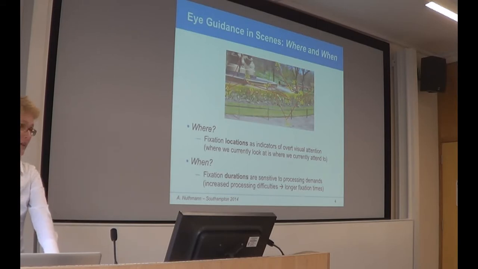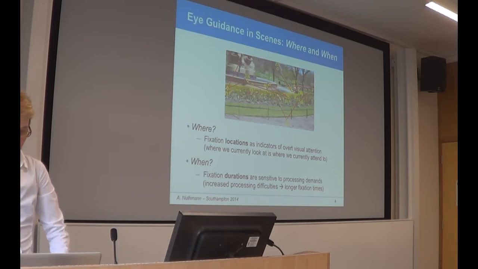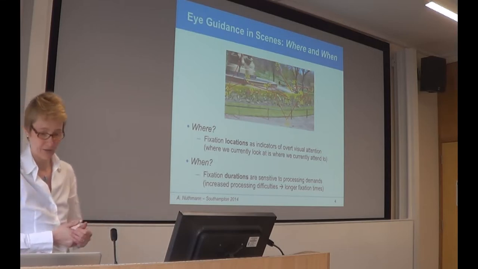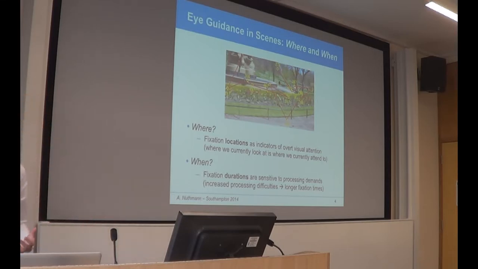So we typically explore a scene through eye movements, and eye guidance in scenes has a spatial aspect described by the positions of fixations and a temporal aspect described by the fixation durations. The picture here displays part of the scenes participants may look at, and for one person the gaze trace is superimposed.